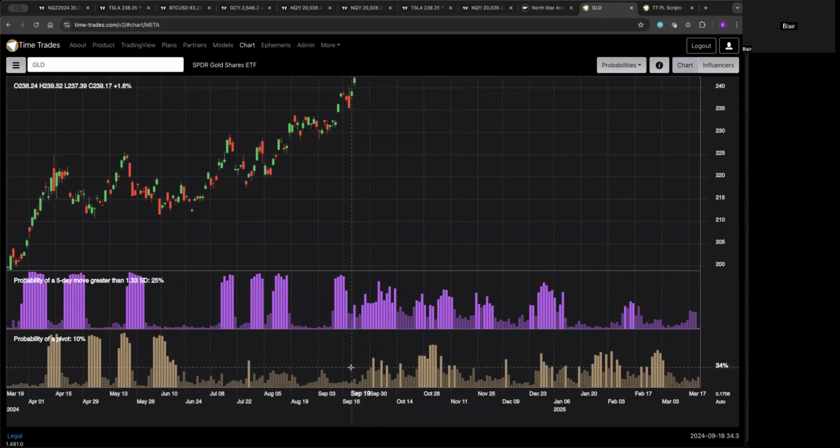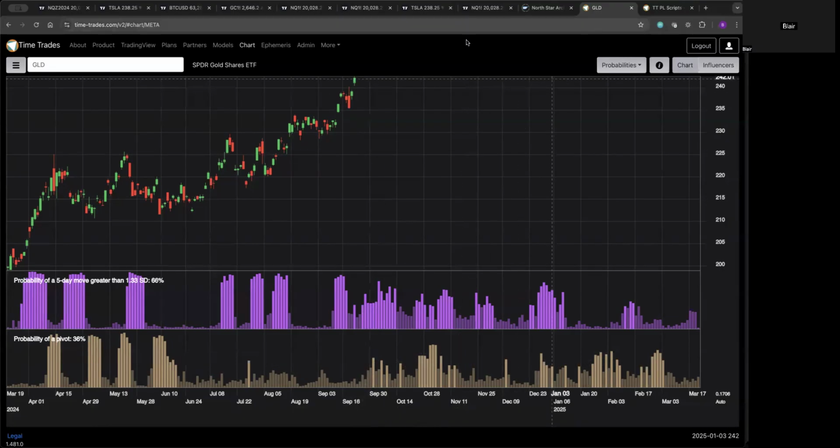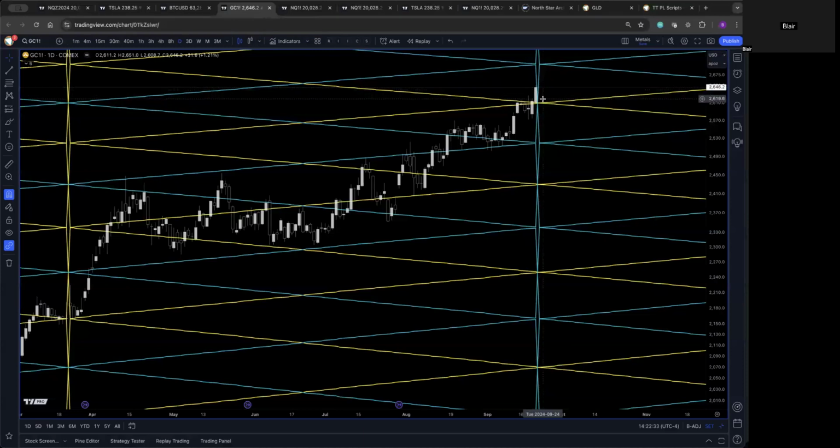So it looks pretty safe to trade the trend for the next couple of weeks here on gold, which is clearly up. So if you can get in on any sort of bullish pullback here, maybe a pullback to this yellow sun line, that would be an excellent entry, looking to play it going up to early October.